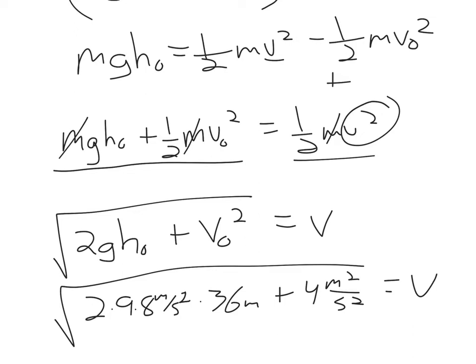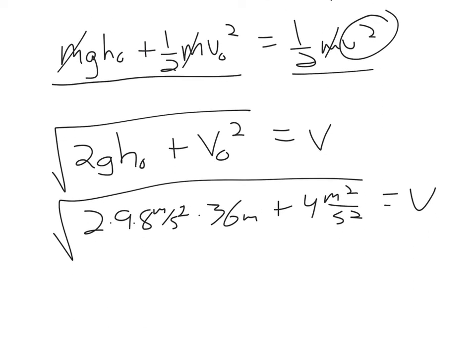I'm going to have the square root of 2 times 9.8 times 36 plus 4. And I got, oh boy, that's scary, 26.6, which in a 2 sig fig problem, this is actually 4.0 because it was 2.0 originally. So yeah, there's definitely a 2 sig fig problem, so we'll round that to 27.